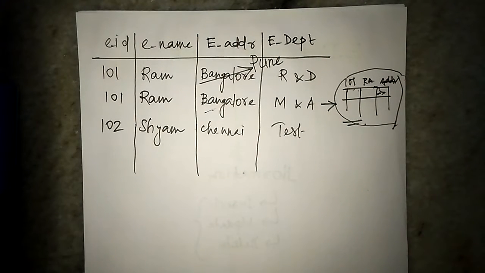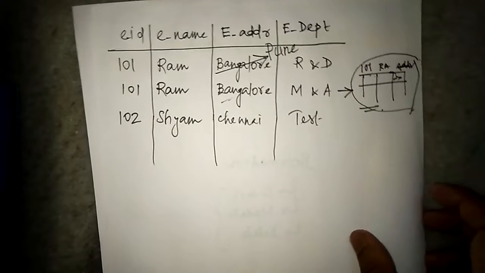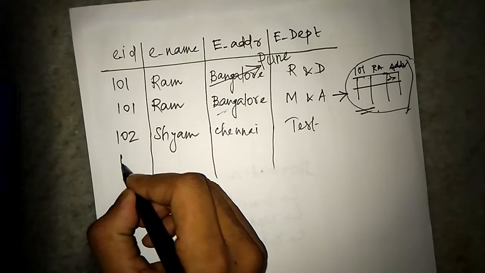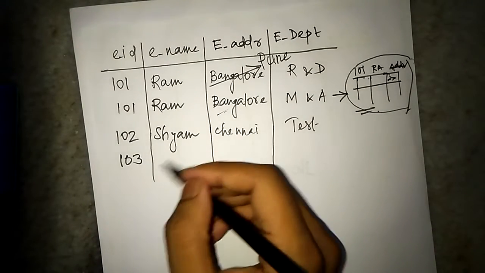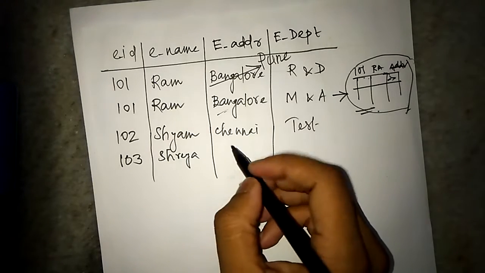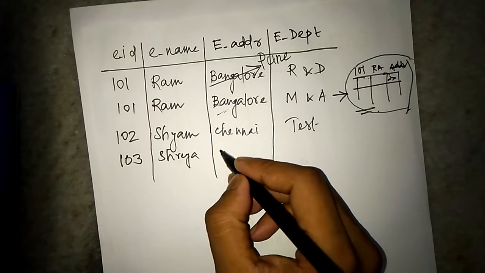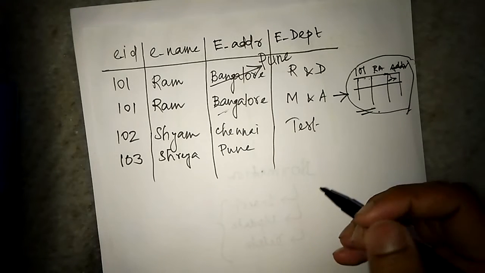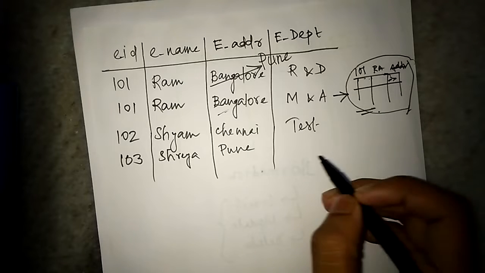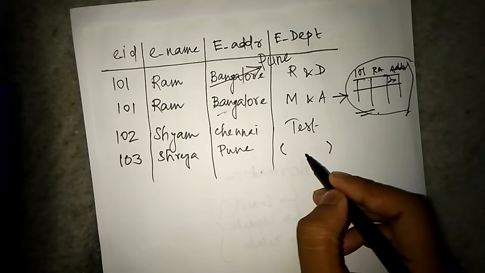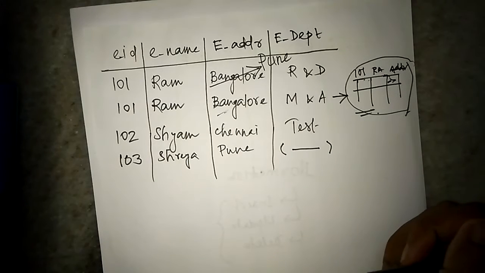Next, what is insert anomaly? Consider a situation that the company has hired another employee, a trainee, whose name is Shreya. Her address is let's suppose Pune, and as of now she is not assigned to any department. So this column will be null.